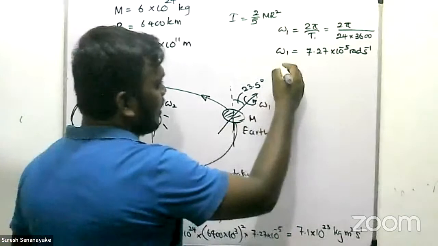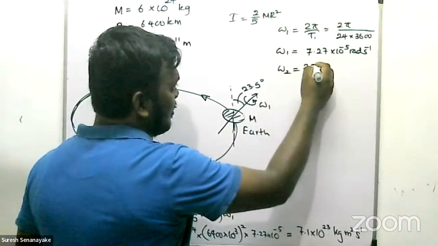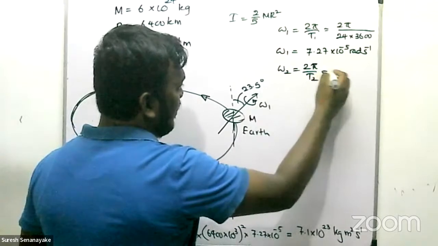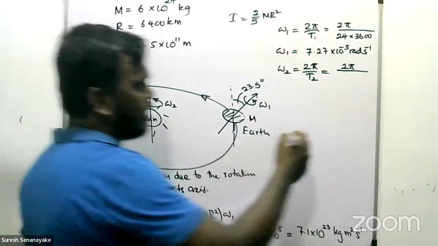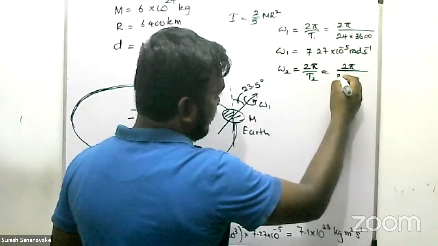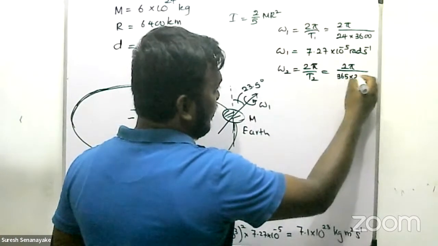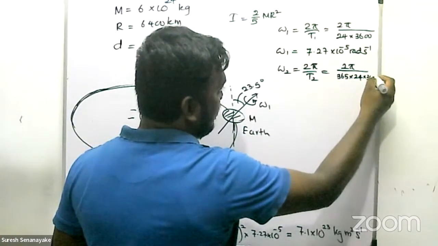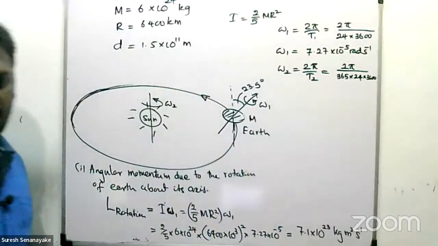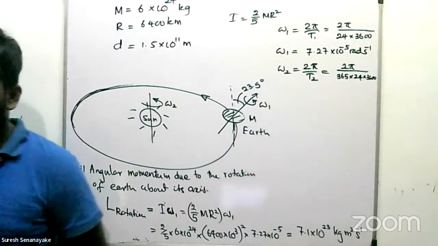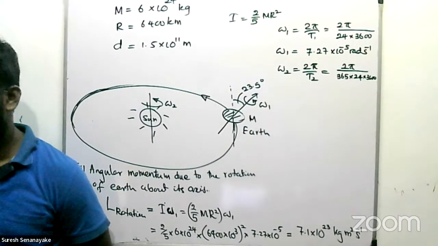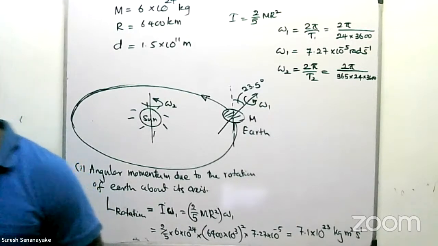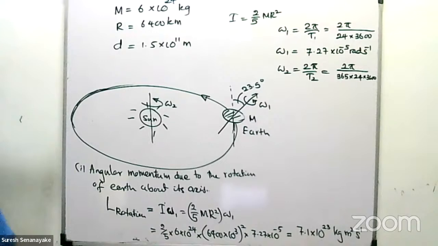So this omega 2 equals 2π over T2, which is 1 year, that is 365 × 24 × 3600 seconds. 24 is the number of hours in a day, and I multiply by 3600 to get seconds. The time period is 1 year.